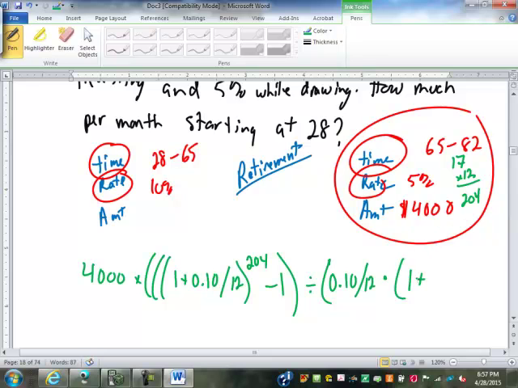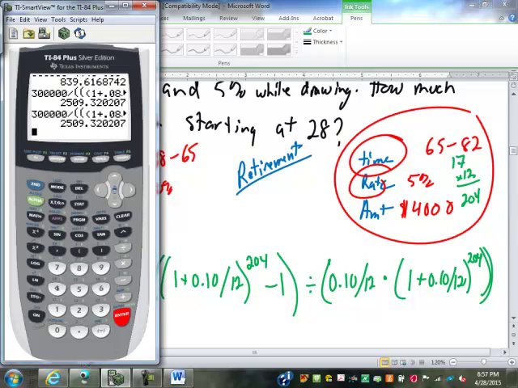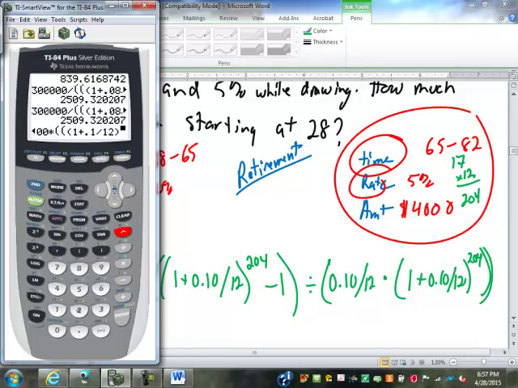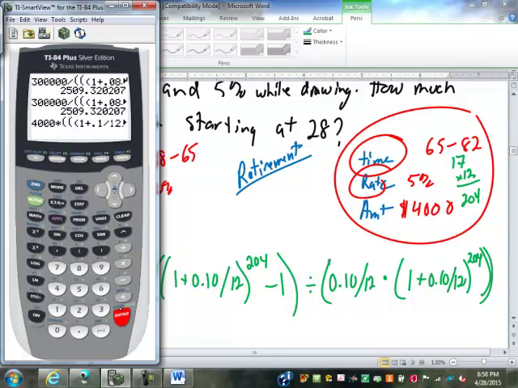Times 1 plus 0.10 divided by 12 to the power 204. Close and close. I get 391,692.03.